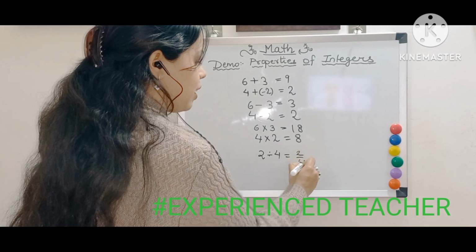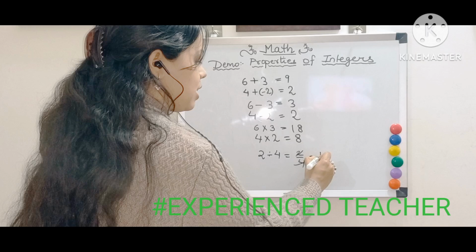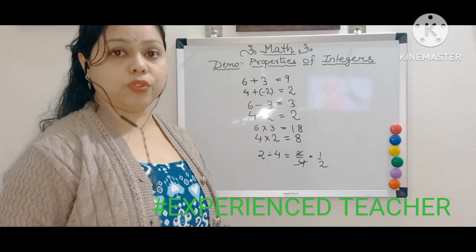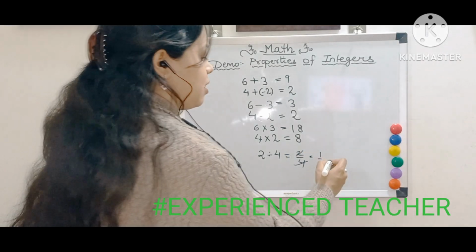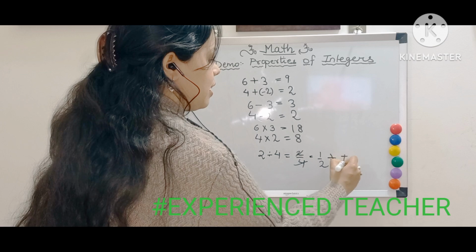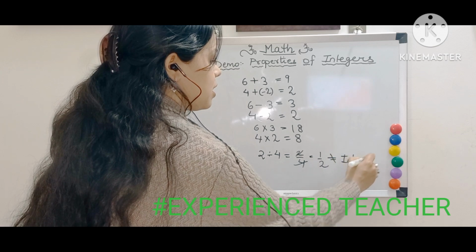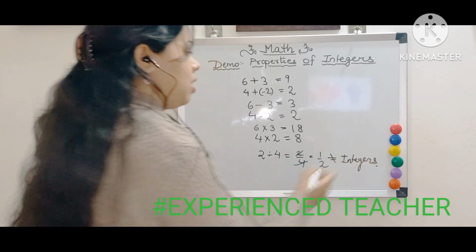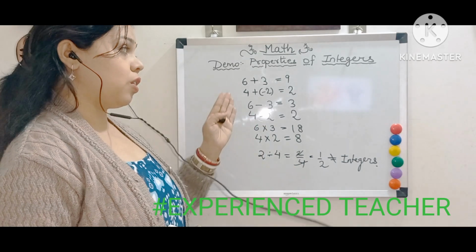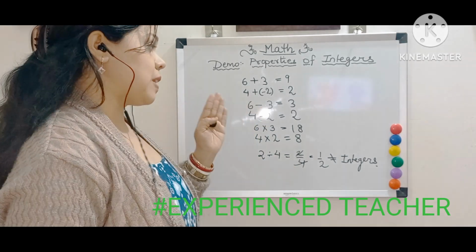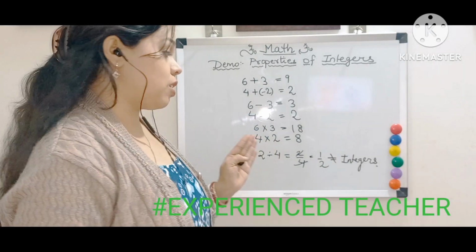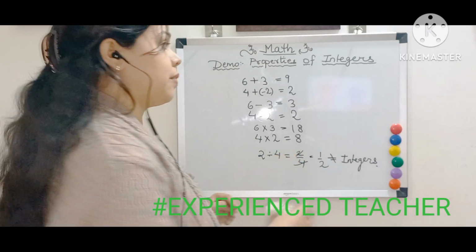You can see I will get 1 by 2, which is not an integer. That means the closure property is fulfilled for operations like plus, minus and multiplication, but not for division.